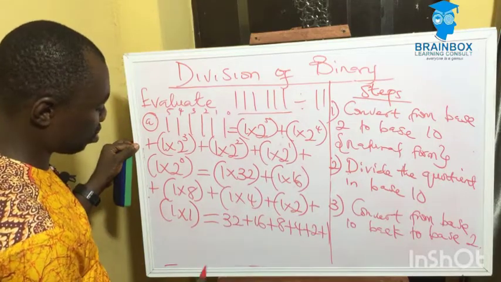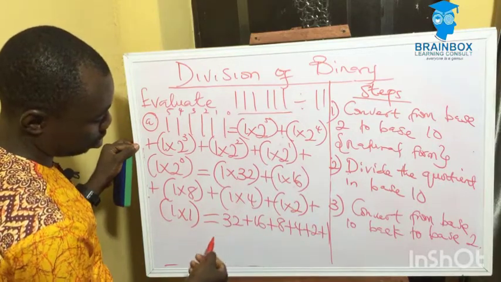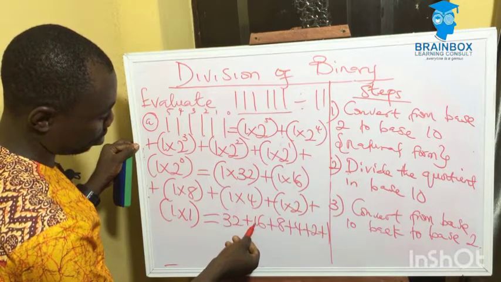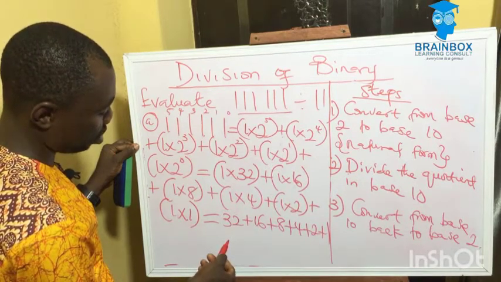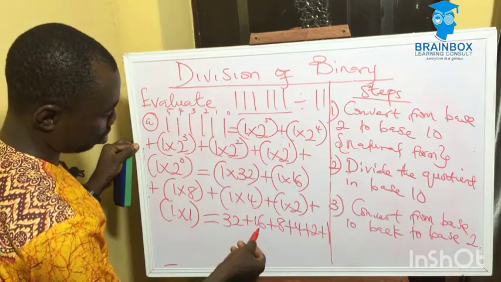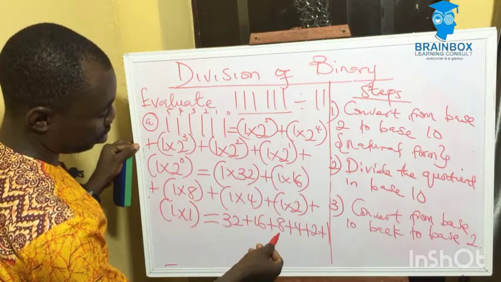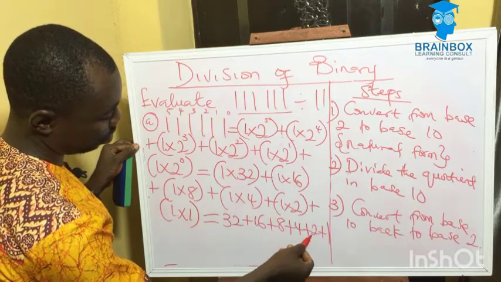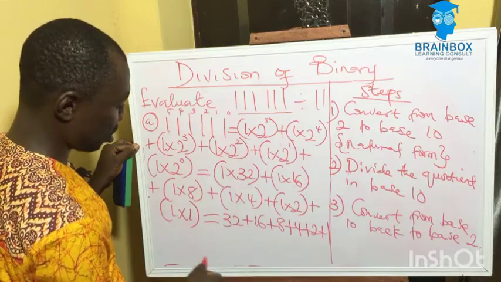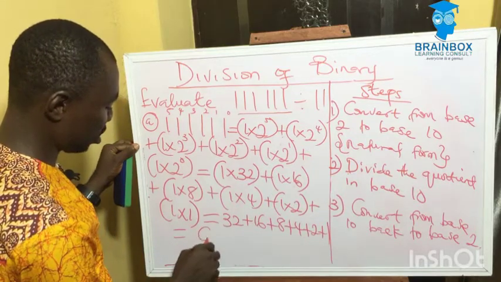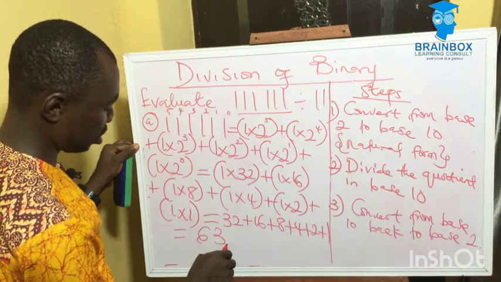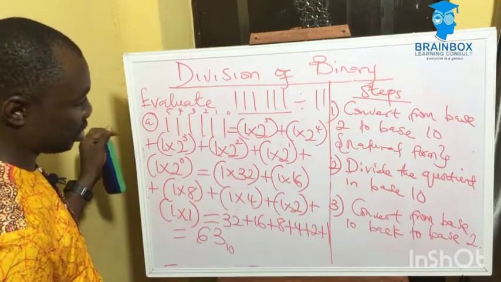Let's see what that will give to us. 32 plus 16, plus 8 plus 4 plus 2, plus 1. I think that will give us 63 in base 10.